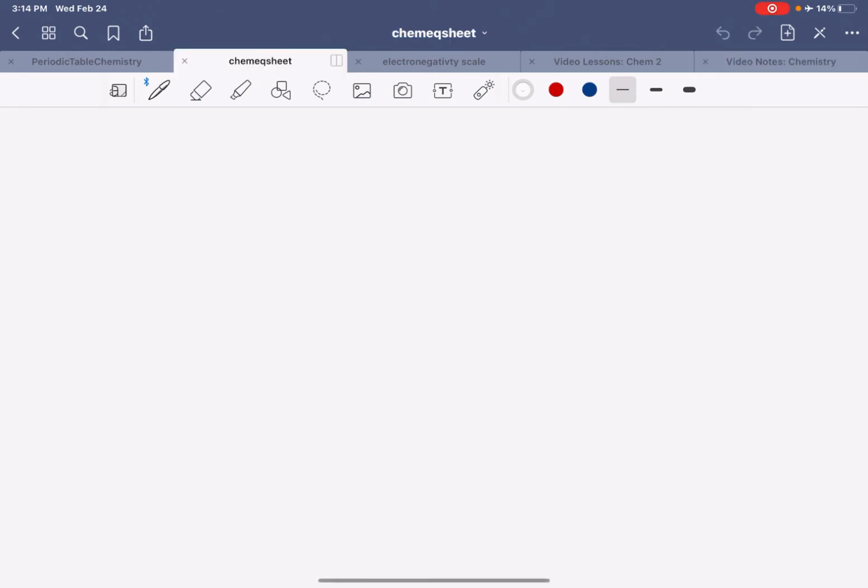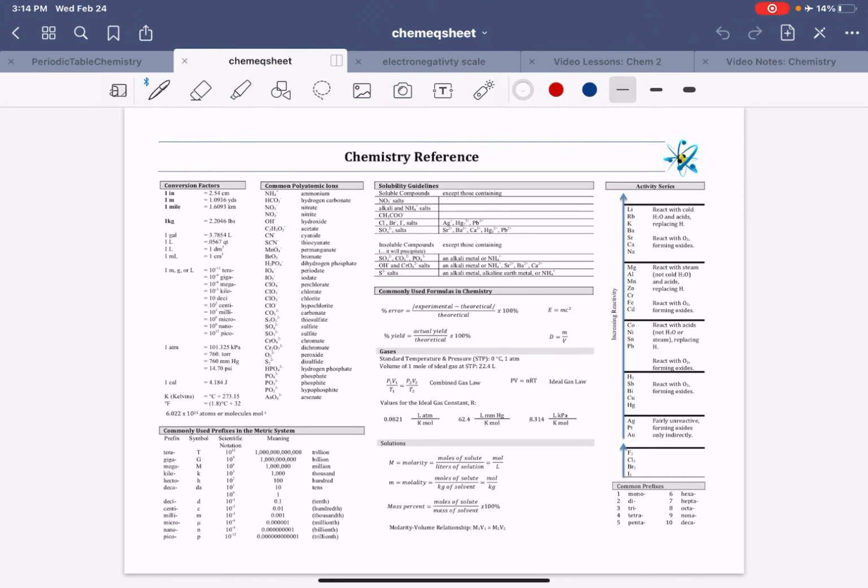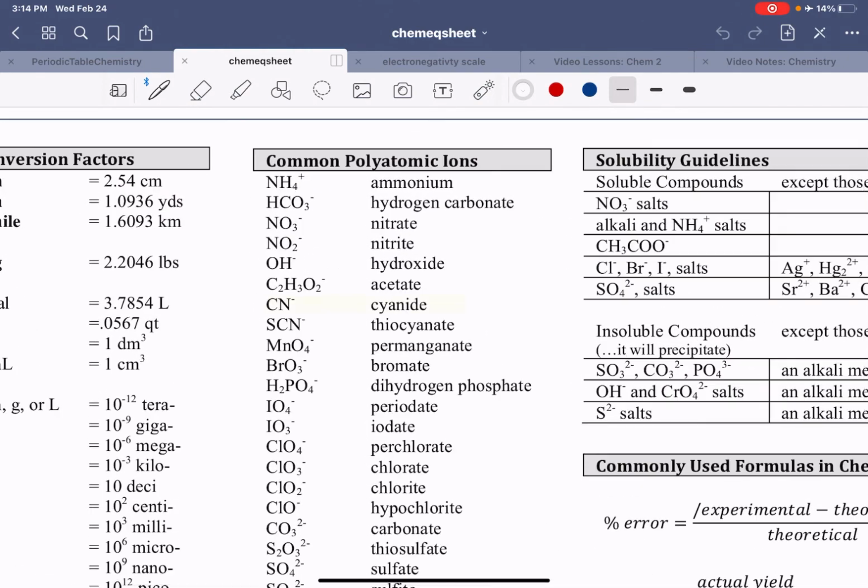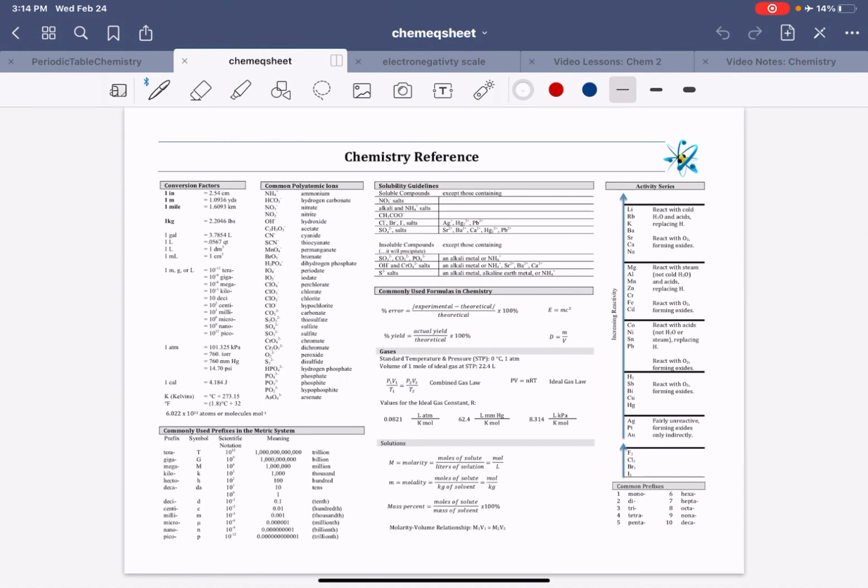So remember, always go back to your polyatomic ion sheet. And when you look there, you will see that CN is your cyanide. If we zoom in, you can see the CN negative. That's the cyanide anion, a polyatomic ion.